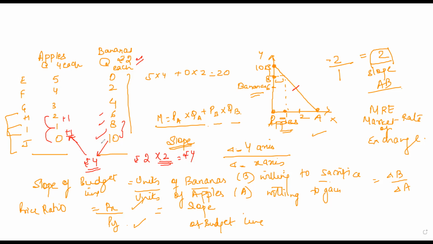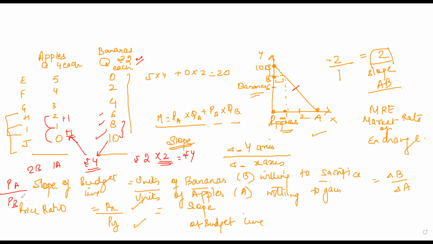So basically, to gain one apple, the consumer has to reduce his expenditure on bananas by 4. So the consumer sacrifices 2 bananas to gain one apple. Basically, the consumer will have to give PA upon PB units of bananas to gain one apple.